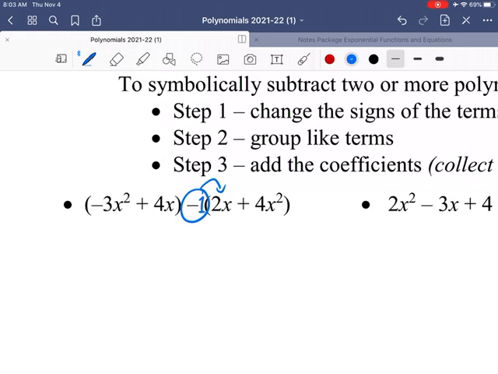The first part is kind of like just a positive 1. So if you distribute a positive 1, all you end up with is exactly the same thing. So we can remove the brackets of the first binomial there.